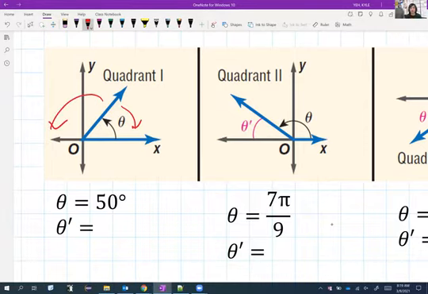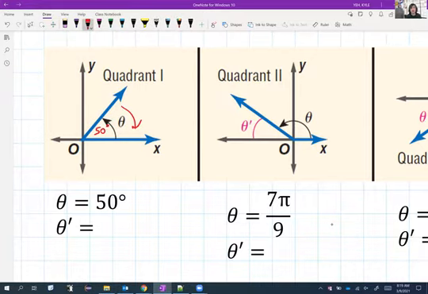Now, our first question is, which one of those is the shorter distance? Well, just the eye test, knowing we're in quadrant 1, going back to the x-axis is going to be the shorter distance, right? And so the question is, how far do we have to travel? Well, we went up 50 degrees to form this angle.